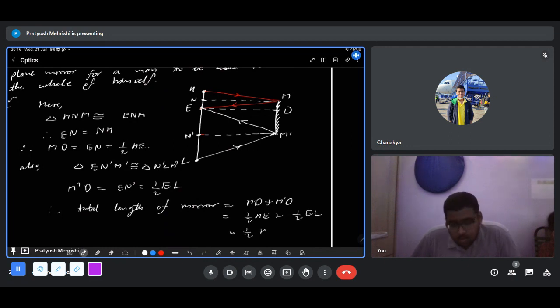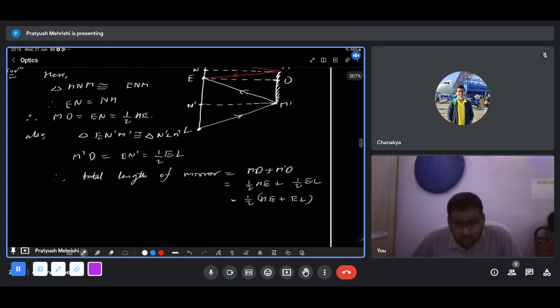Take 1 by 2 common, HE plus EL. What is HE plus EL? HE plus EL is HL. Now, what is HL? HL is the height of the man. It means the total length of the mirror required to see the full length is 1 by 2 HL. Got it now?